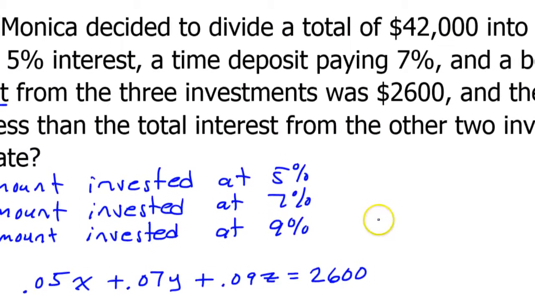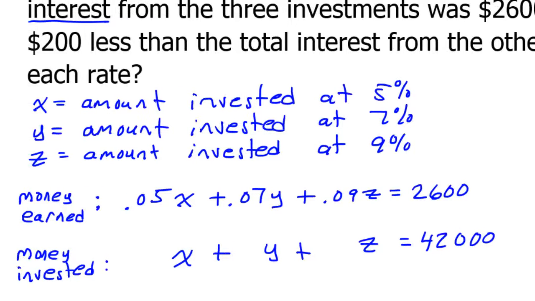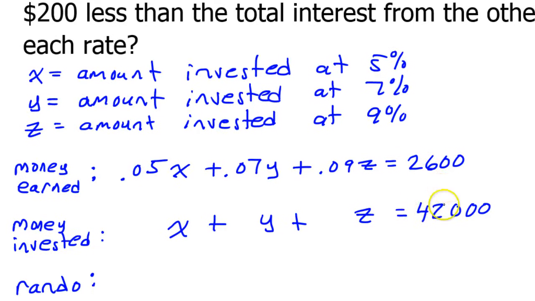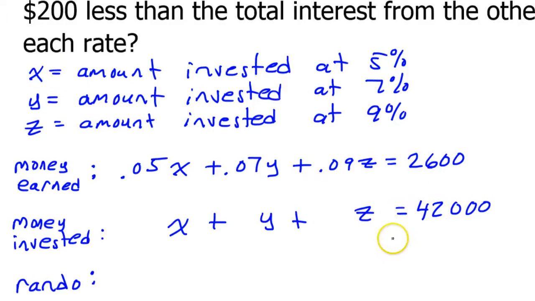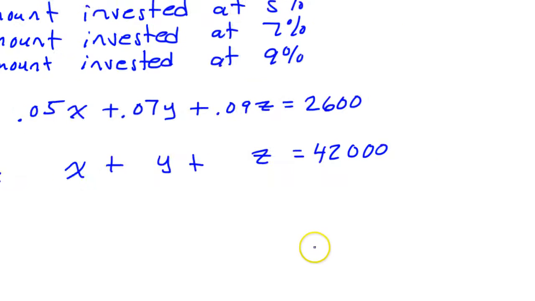That should be the $42,000 because that's the total amount she invested. So now that I'm breaking it down for you guys, do you understand why the 2,600 goes in the money earned equation and the 42,000 goes in the money invested equation? Because that's probably one of the most common mistakes, switching those two. Okay? And then we have one random equation.